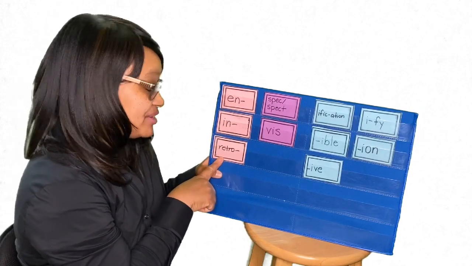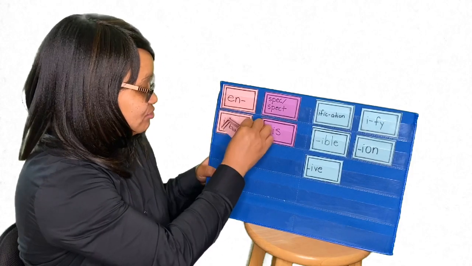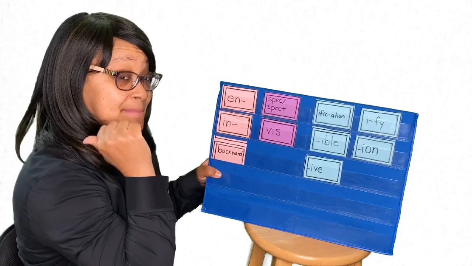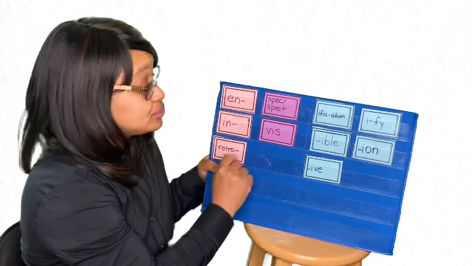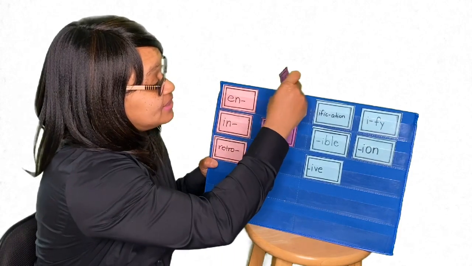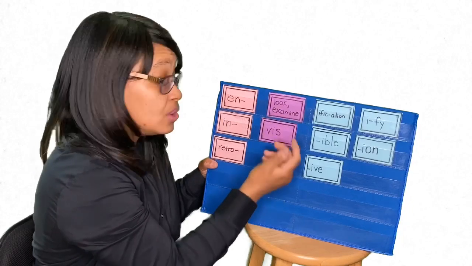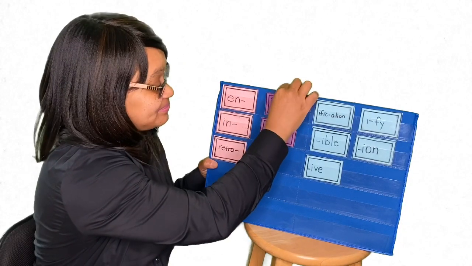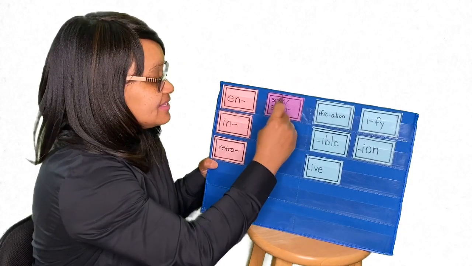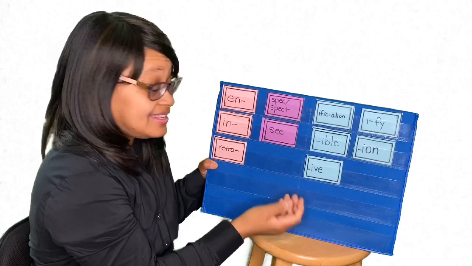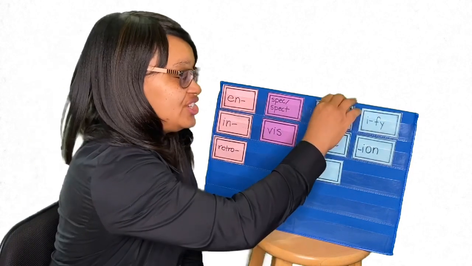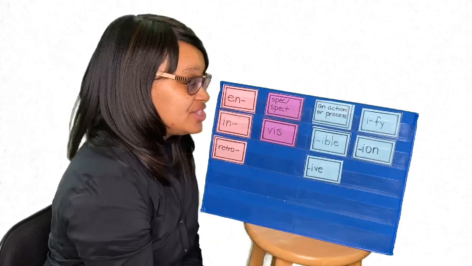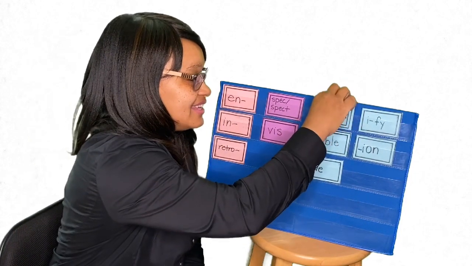And then we have the prefix retro, and retro means backward. Now we have the root spec or spect, which means to look or examine. Viz, which means to see. And ification is our suffix, which is an action or process.